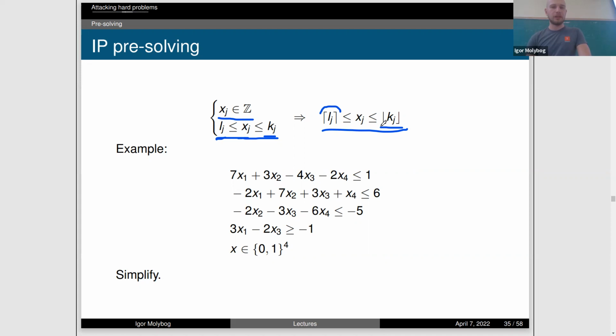Like a four-dimensional problem, we have the task of the x1 being equal to 0 leads to x3 being equal to 0, and also x1 being equal to 1 leads to x4 being equal to 1.